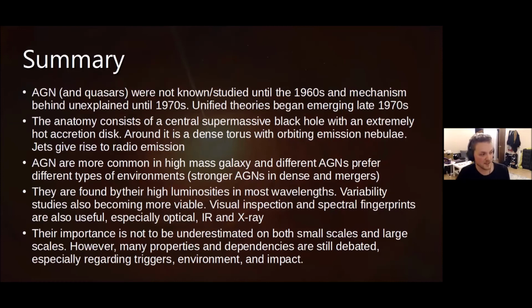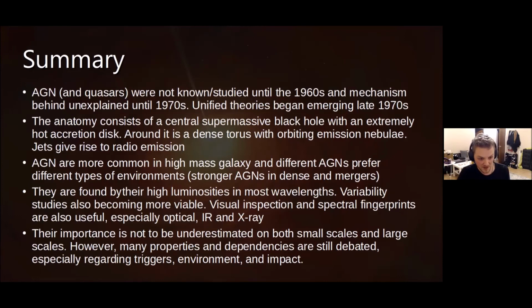AGNs are found more frequently in high mass galaxies, and different AGNs prefer different types of environments. Stronger AGNs tend to be found in more dense environments and mergers. They can be found by a number of methods: by luminosity, by variability, visual inspection, and spectral fingerprints, depending on the wavelength regime you're looking at.